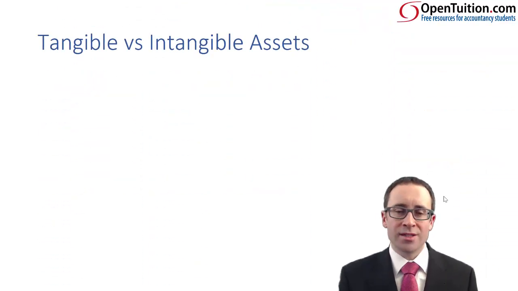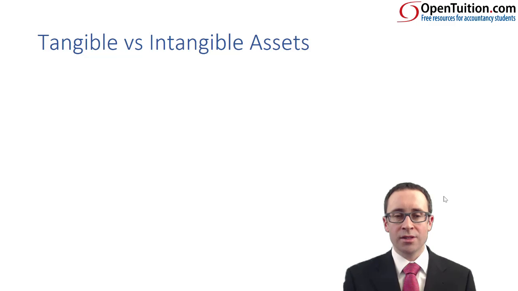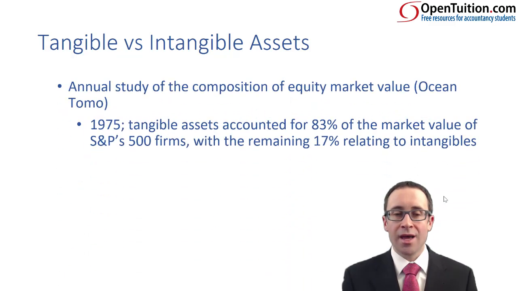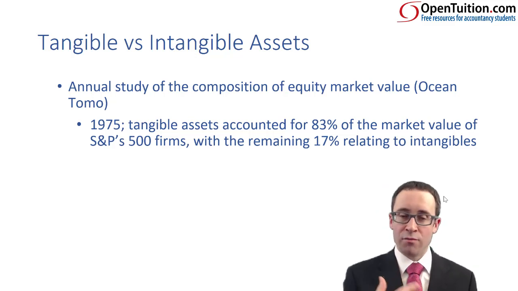Some of the reasons why we need to move our attention away from just the numbers is if you think about intangible and tangible assets. There's a business, Ocean Tomo, that has done a regular survey of the value of businesses.